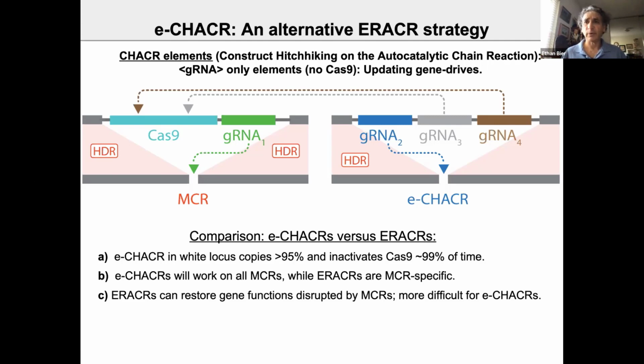You could, in principle, put a cDNA, a rescuing cDNA, on the eCHACR, and there have been quite a few publications from folks that have done that kind of thing, cleave and damage the target and have a recoded version that rescues someplace else. But then you're not providing the gene in its normal pattern and from its normal location. And so it's an advantage of the eraser in that case to be able to provide it in the normal pattern.